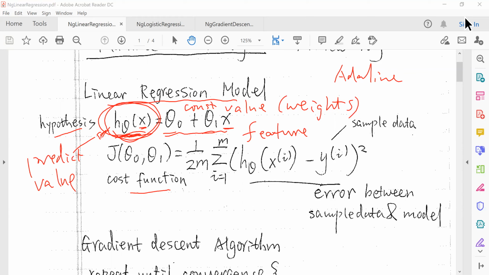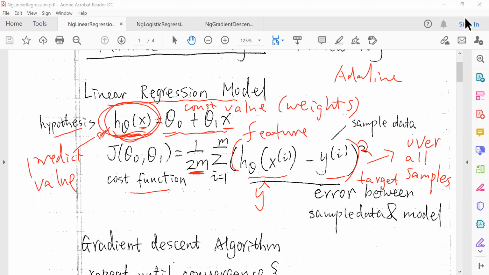And then the cost function concept is also pretty similar. It's the difference of your hypothesis value, or the predicted value, which is basically our y hat, and the target value. Then you square that, over all samples, and also divide by 2 times the number of samples.